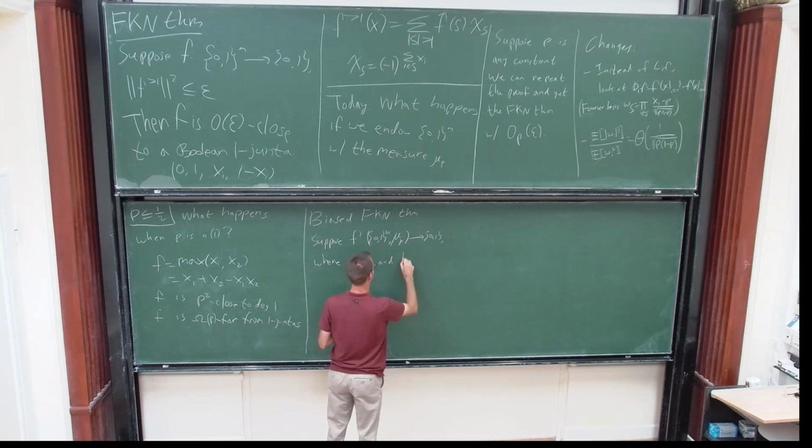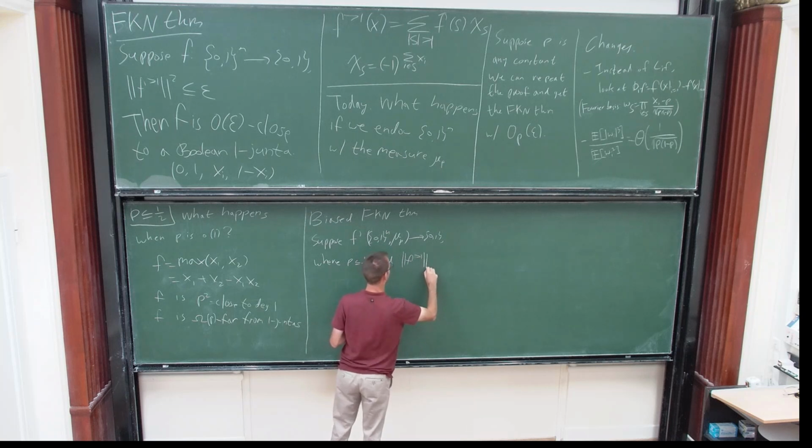And the distance of f from degree 1 squared is epsilon.